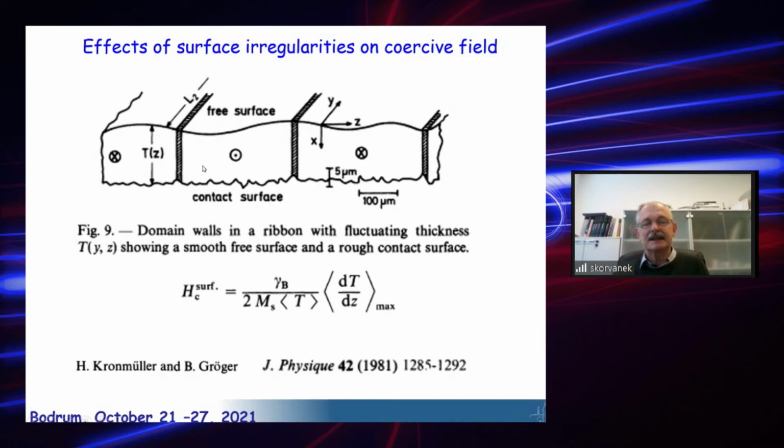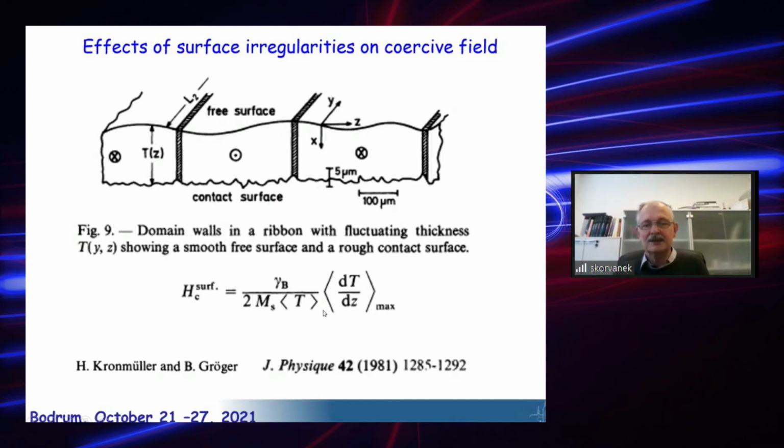And somehow the physics behind this is as follows: when we have a domain wall, it tends to be stabilized in the position where its area is minimal. So when we have some kind of roughness, it will prefer to stay at this position, and to shift it to increase the surface, we should apply an additional magnetic field.